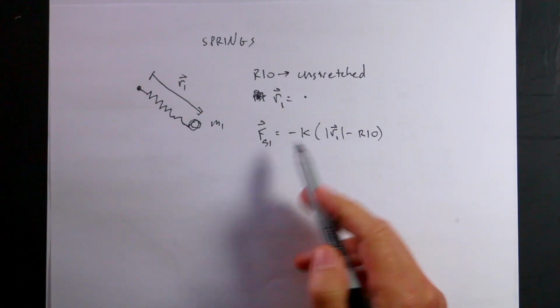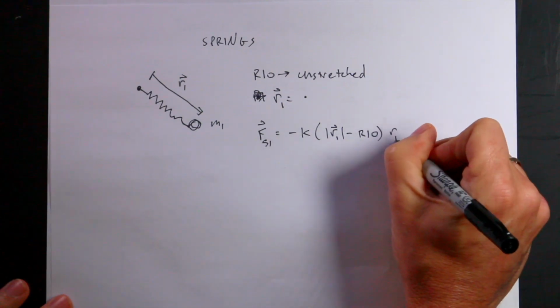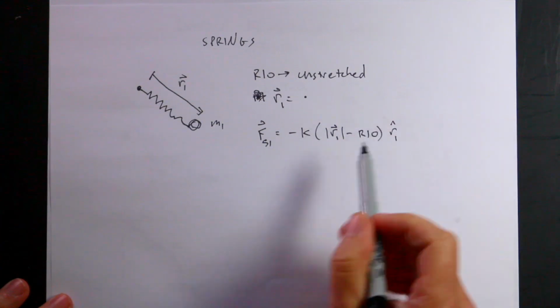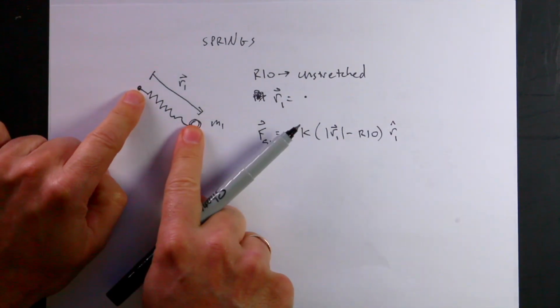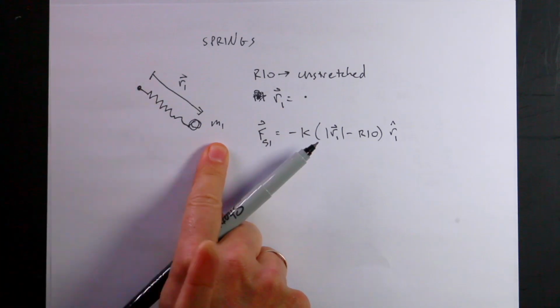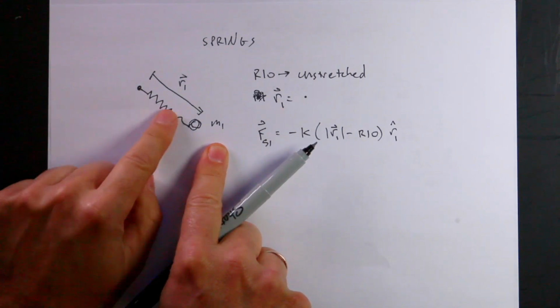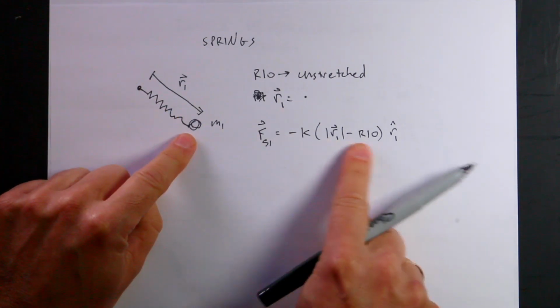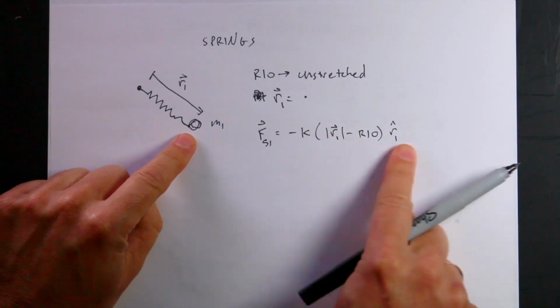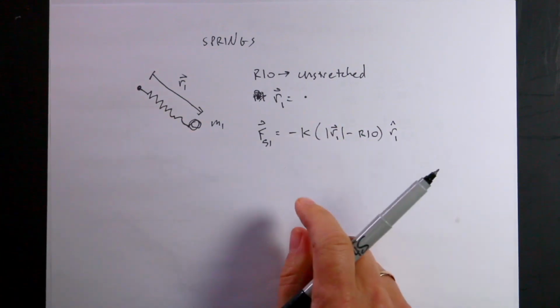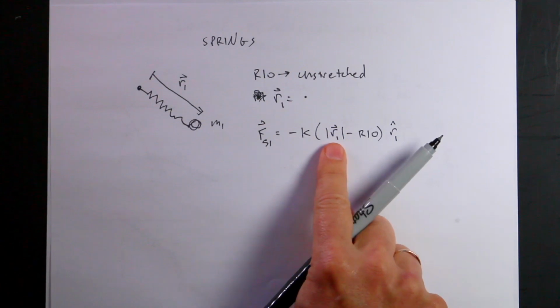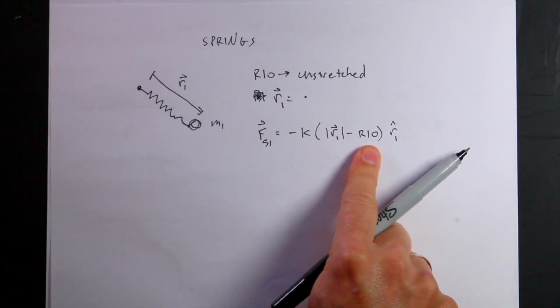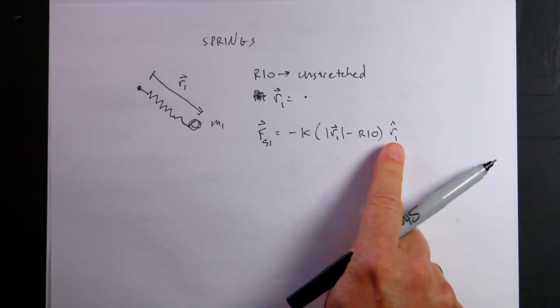But I need a vector force, so I'm going to multiply this by R1 hat, the unit vector in the direction of R1. Now let me just check. Suppose it's longer, then the force should be pulling in the opposite direction of R1. So this would be greater than that, so this would be a positive number. I'd multiply by R1 hat and then have a negative sign. So K is the spring constant, R1 is the vector, R10 is the unstretched length, and I can calculate that.